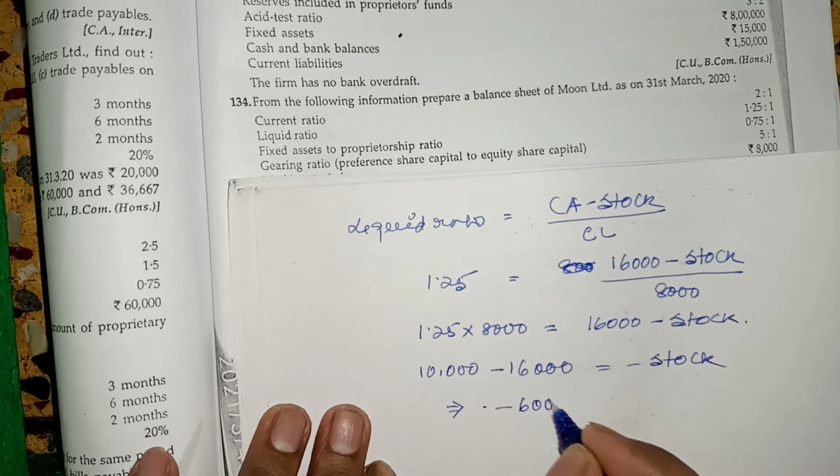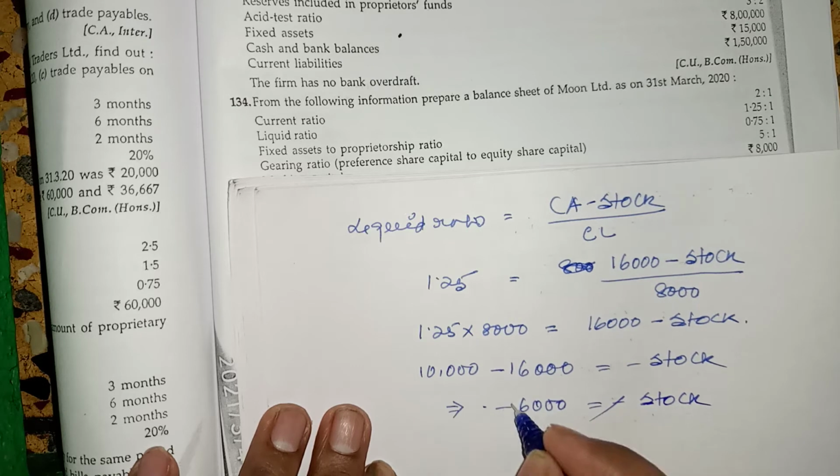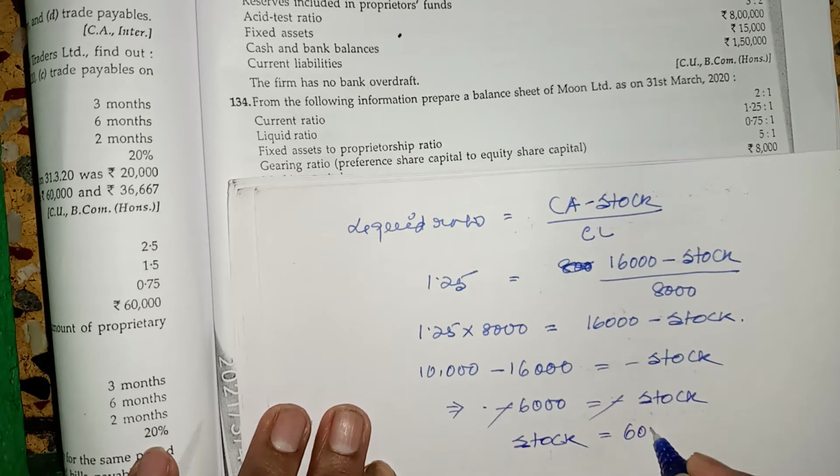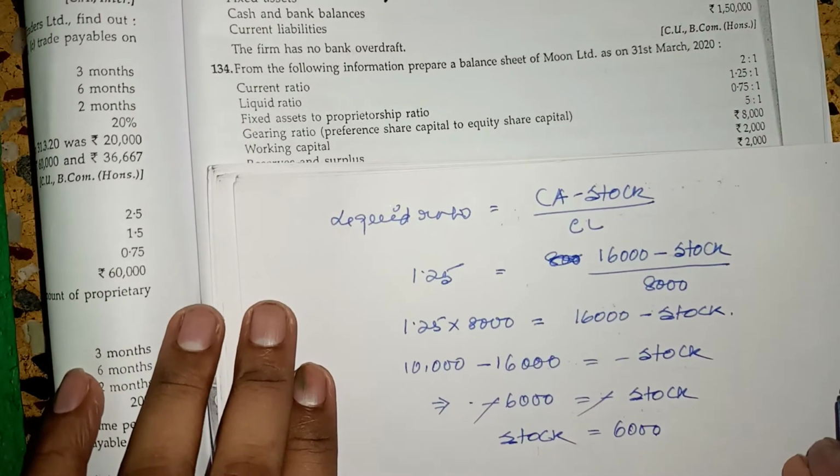So it's minus 6,000 is equal to minus stock. So the value of stock is 6,000.